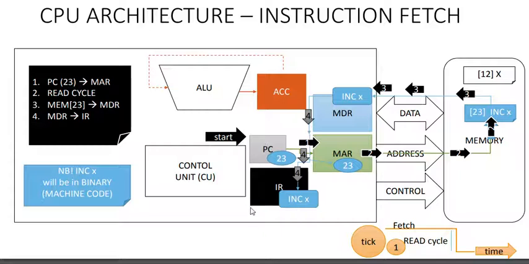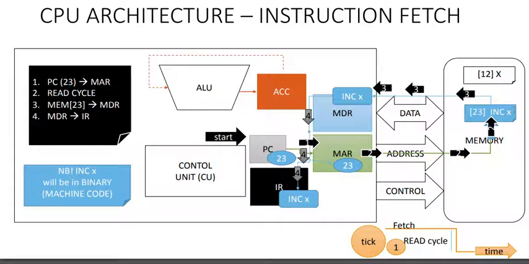The address of the next instruction will be sitting in the program counter. That will then be pushed into the memory address register. The memory address register will push this out through the address bus and locate and gate onto address number 23. By the way, the instruction incx will actually just be a binary number.